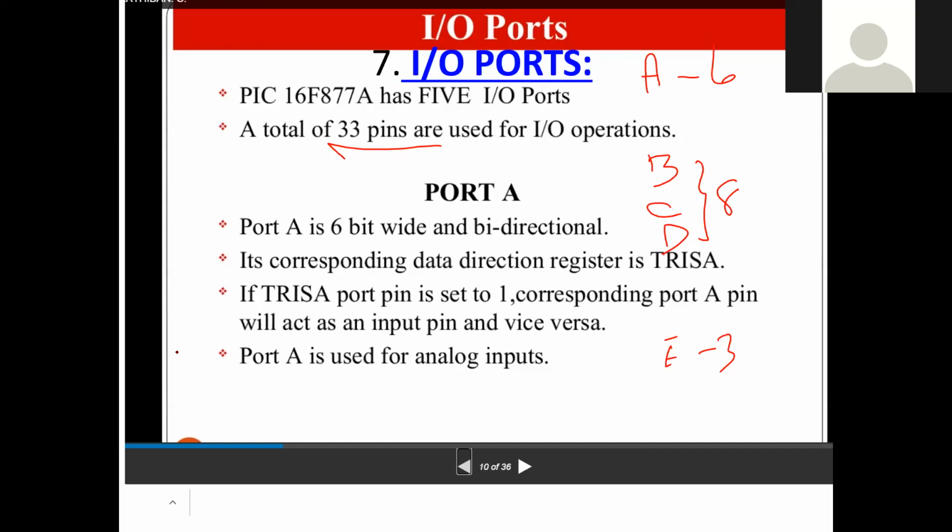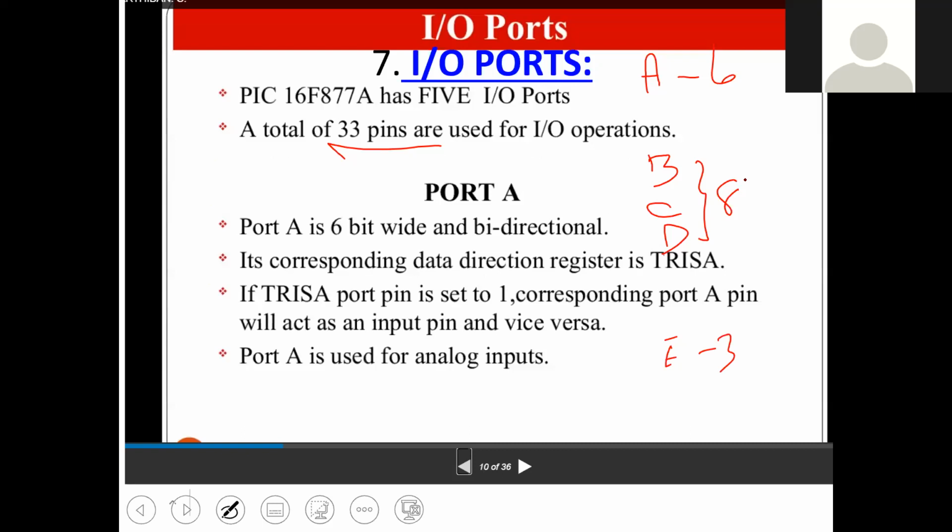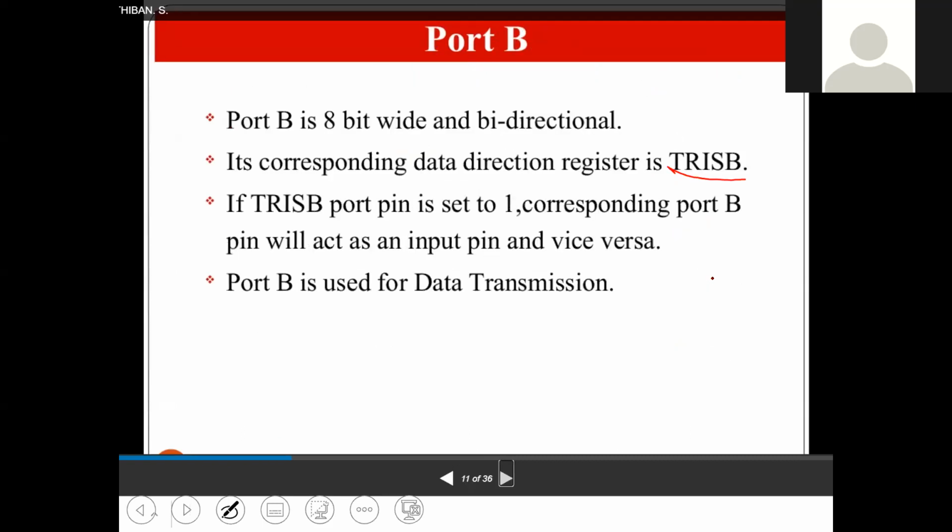Similarly, port A is 6-bit, and port B is an 8-bit bidirectional port. Here the data direction register is TRISB. TRISA corresponds to port A, TRISB corresponds to port B. Again the same thing: 1 means input port, and 0 means output port.